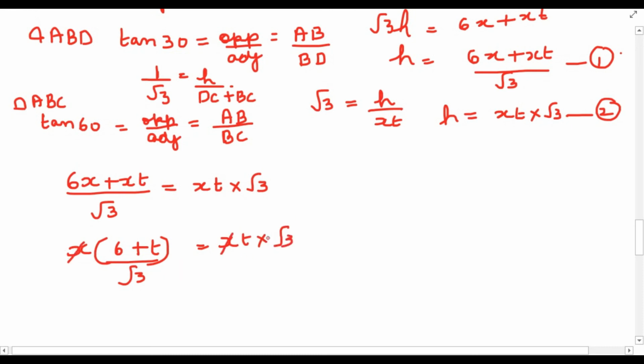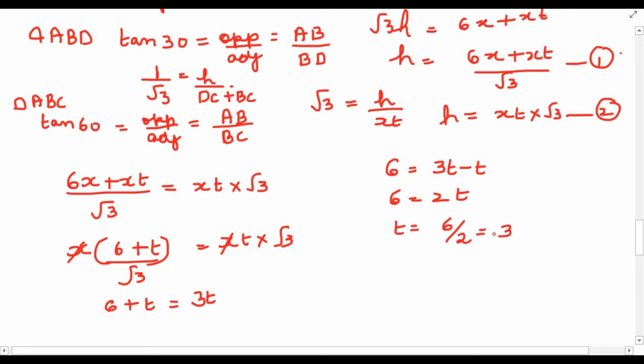The root 3 if you take to this side, you will have 6 plus t equal to t into root 3 into root 3, which is 3t. So you can simplify. 6 is equal to 3t minus t. 6 is equal to 2t and t equal to 6 divided by 2, which is equal to 3. So the time taken to reach from C to B is 3 seconds.